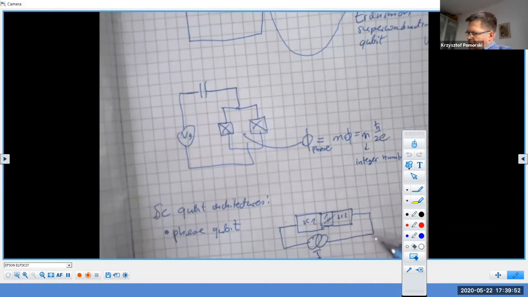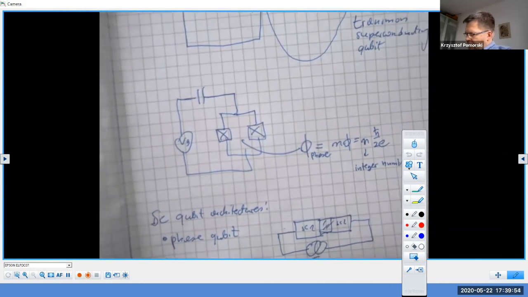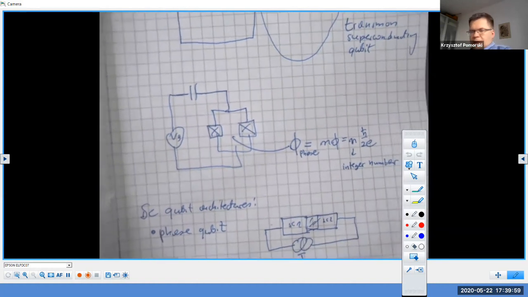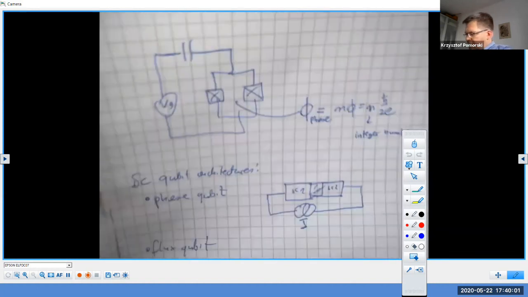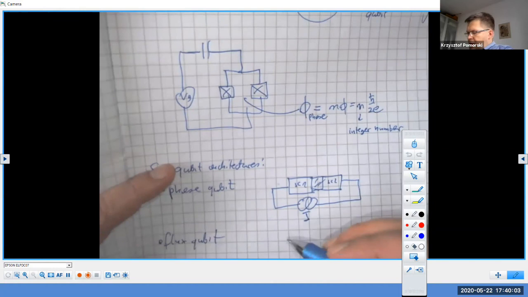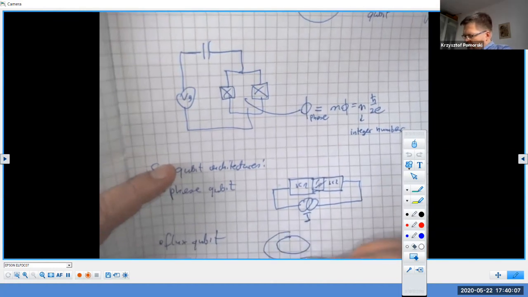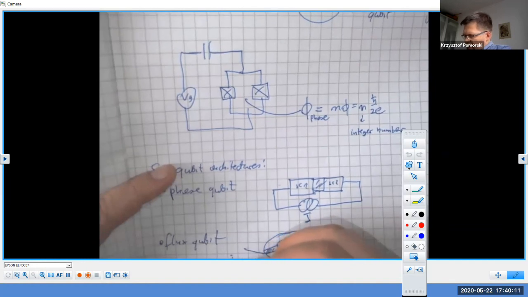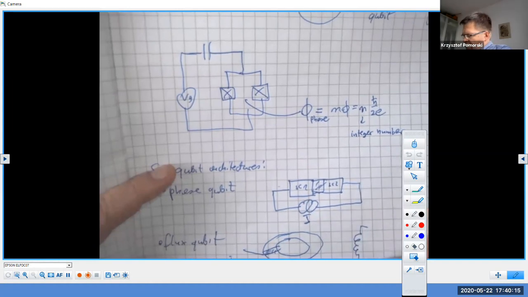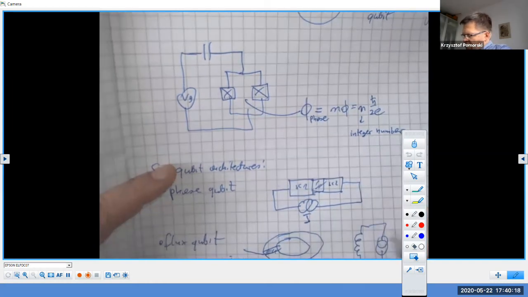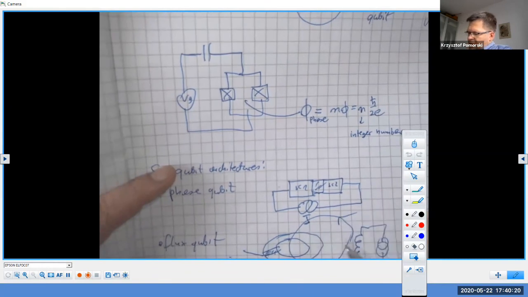So there's current control. Then the flux qubit: it was a superconducting ring interrupted in one place by an insulator, and simply there was a solenoid in its proximity, and it was controlled purely by magnetic field.